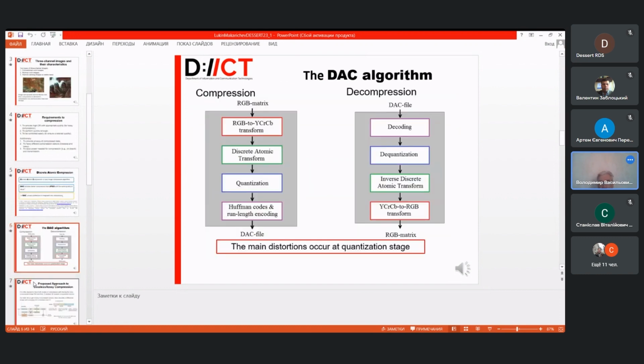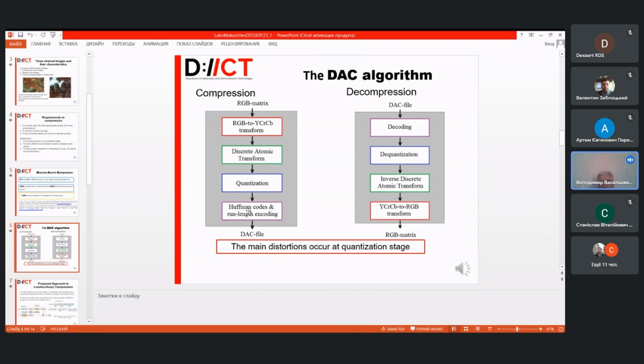And let us look at the structure of compression based on discrete atomic function. So it is, let's say, quite typical. We have an RGB matrix, or let's say a colour image. We perform RGB to YCrCb conversion. Then we apply discrete atomic transform. After this, having coefficients of discrete atomic transform, we carry out quantization, and just at this stage we introduce distortions.